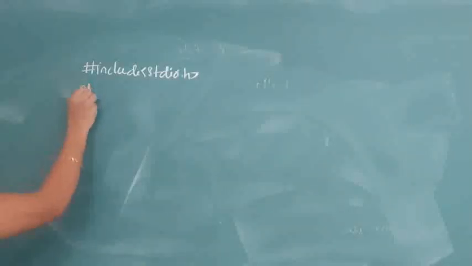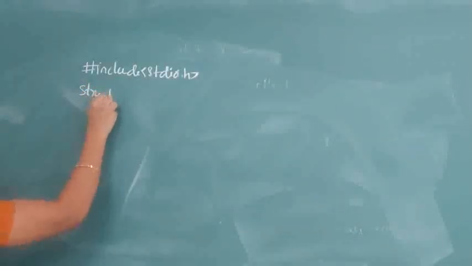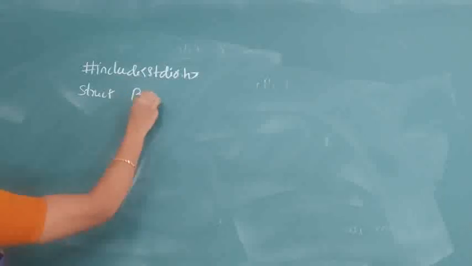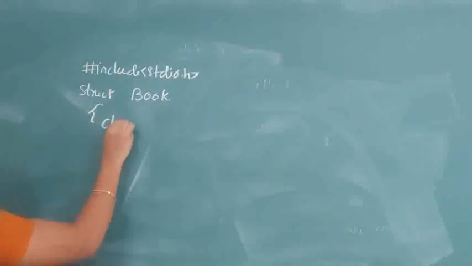So struct, the keyword as it is. What is the name of the structure? Book. Okay, it is a user identifier. User can give any name. Now open the brace. What is the first one?